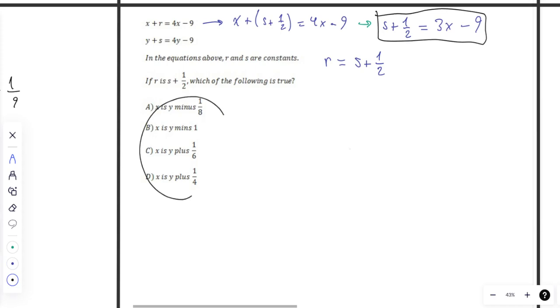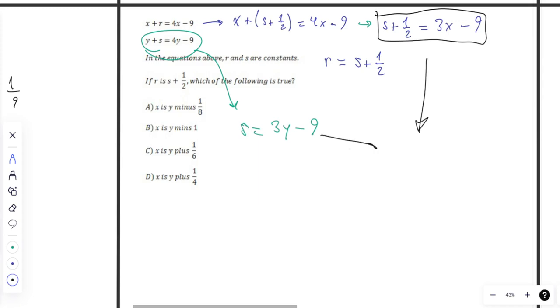I know that I'm going to try to relate x and y, right? So here, I can solve this equation for s as well. And give me s is equal to 3y minus 9. And then I can substitute that back in both of these to get something like 3y minus 9 plus a half is equal to 3x minus 9.